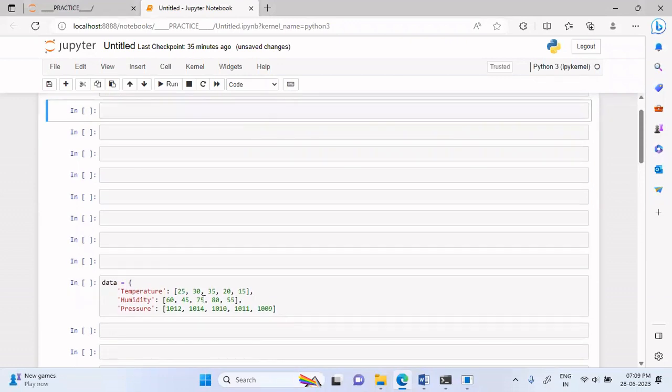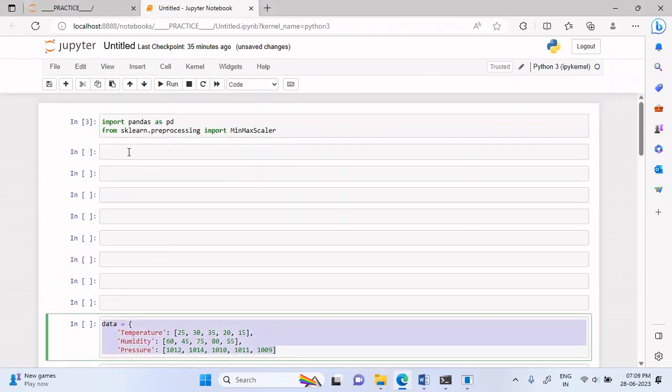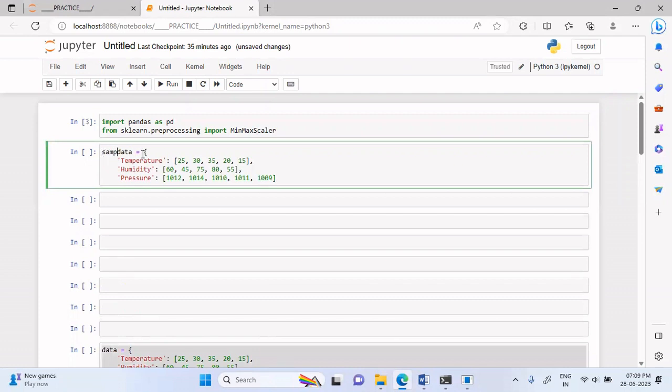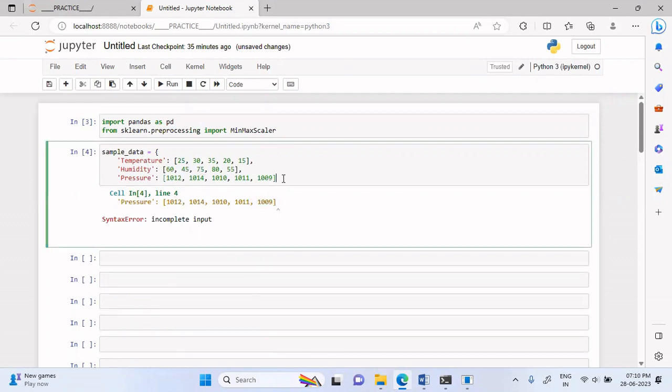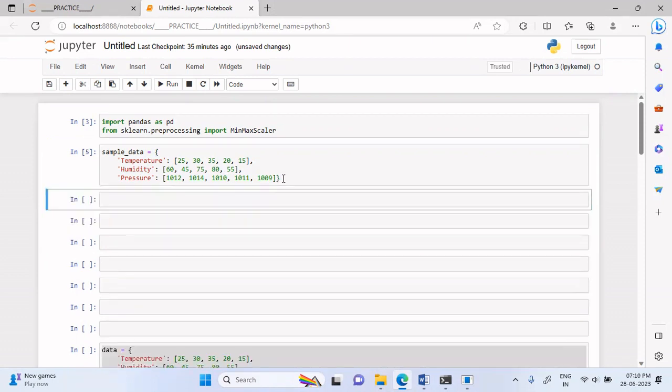So this is our sample data, sample_data. First, we need to create this sample data in the form of a data frame. For this, df is equal to pd.DataFrame of sample_data.